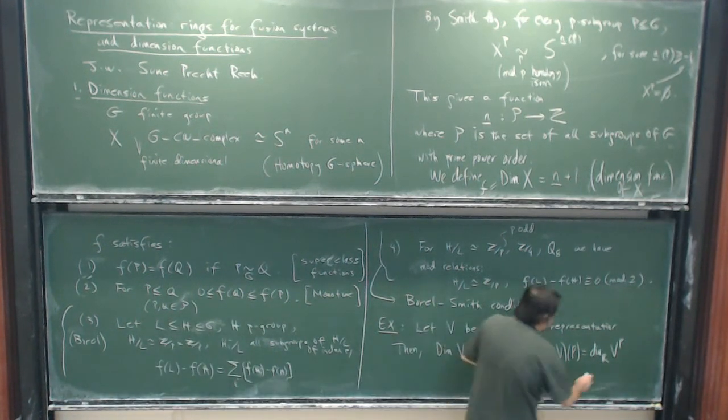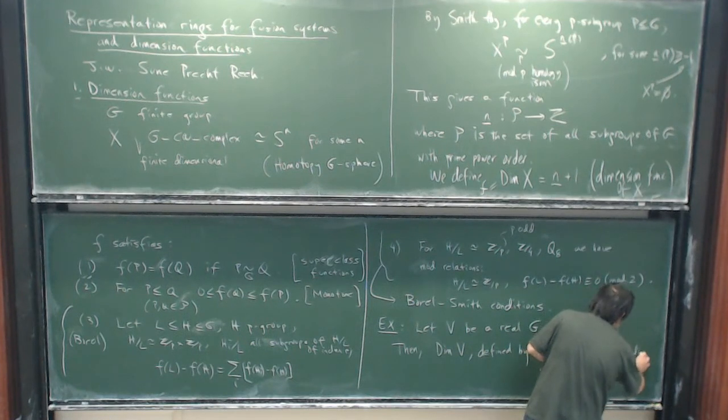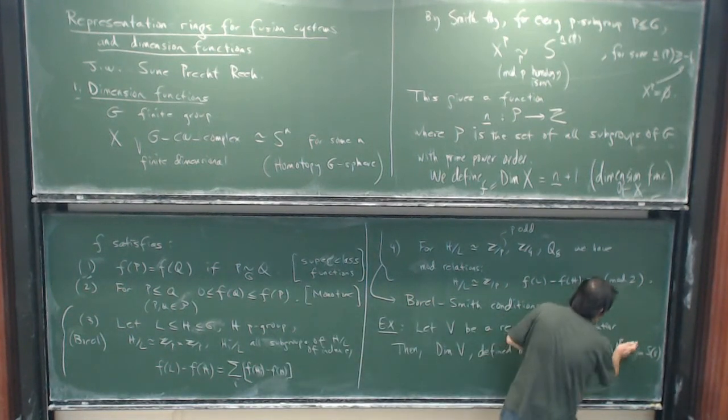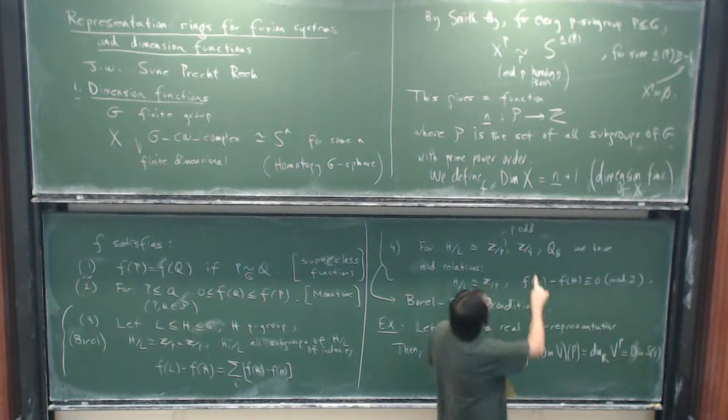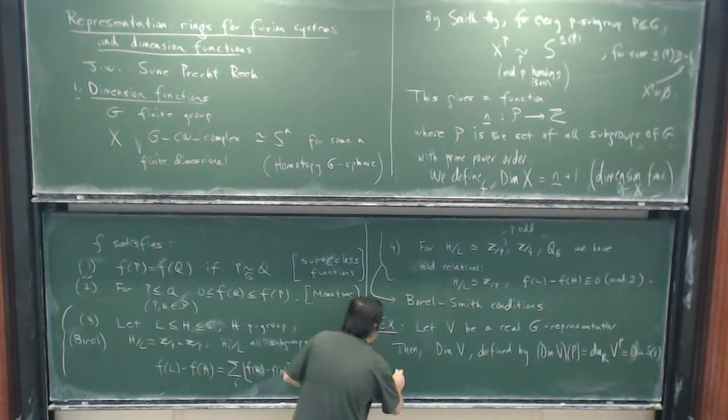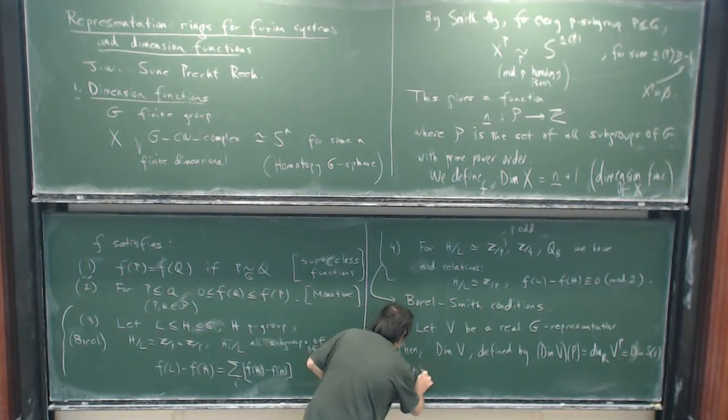And you can see that this is the same as the dimension of the corresponding unit sphere in this sense. So this is going to be the same as the dimension function of that unit sphere. This one satisfies Borel-Smith functions.